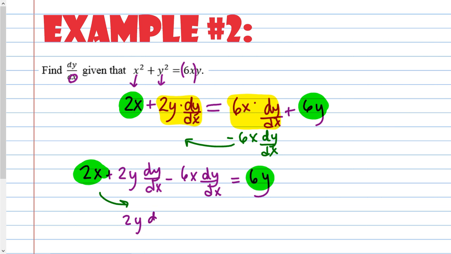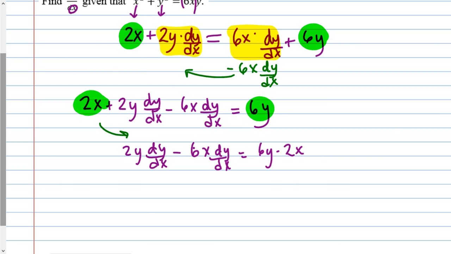So 2y dy dx minus 6x dy dx equals 6y minus 2x. Eventually you should be able to do a lot of this in your head. You think about it and then you just write the next step without having to do every single minor detail on your paper.